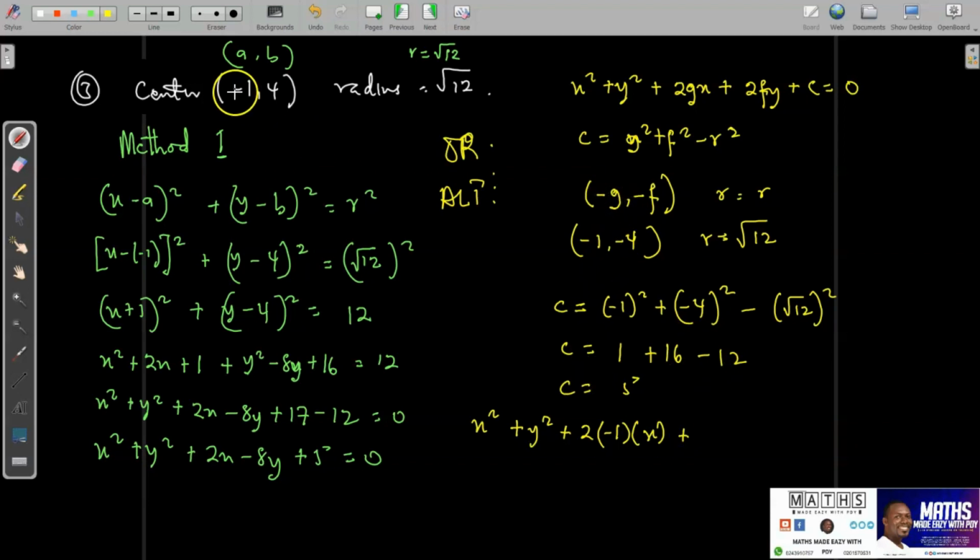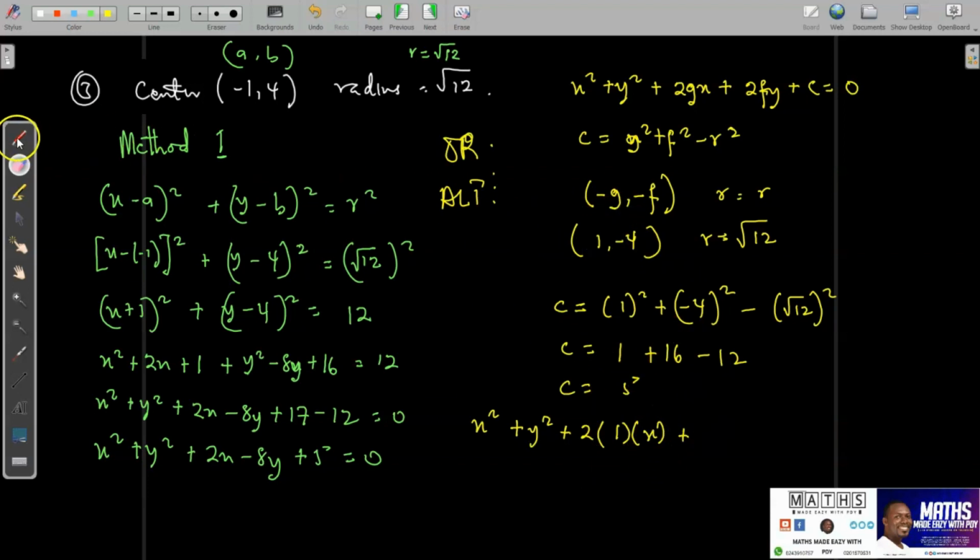Since the g value is negative and that is also negative, then it means the g value must be positive 1. When you compare, g value must be positive 1, but the f value must be negative 4.